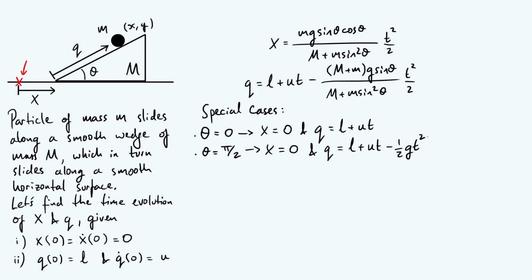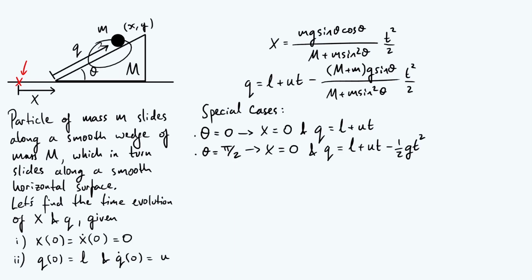What's the physical significance of that case? Well, if theta is pi over 2, then there's a right angle. The wedge is a right angle, and so it's not really sloped, it's just vertical. So if it's not sloped, then the weight of the particle is not actually pushing the wedge at all, right? There is no contact force between the particle and the wedge.